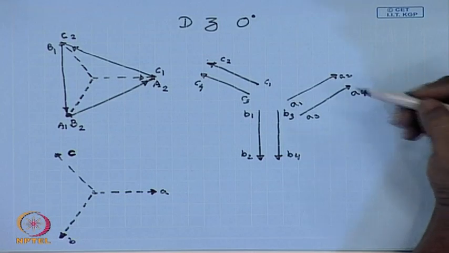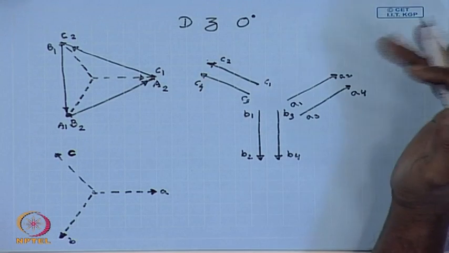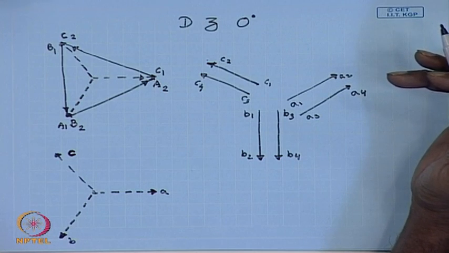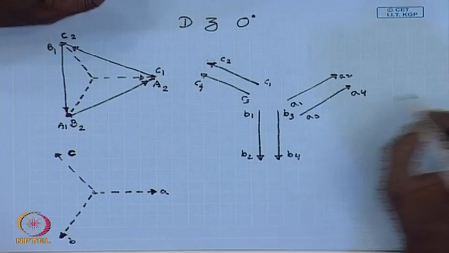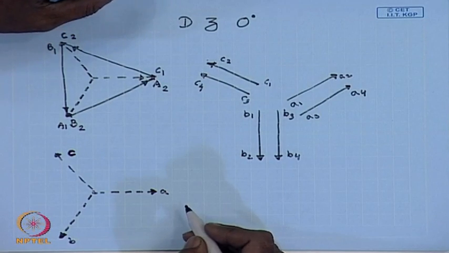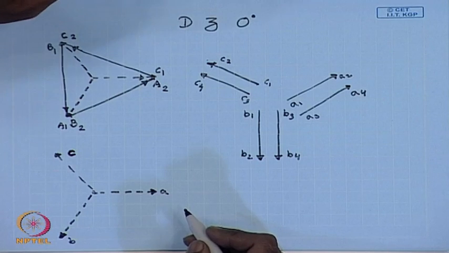One of them will belong to the A phase, the other should be either B phase or C phase. It is usually the last one will be the A phase.